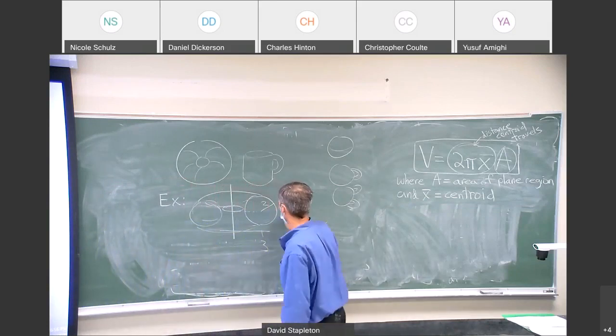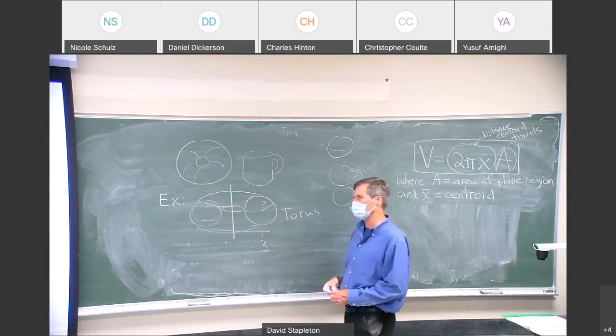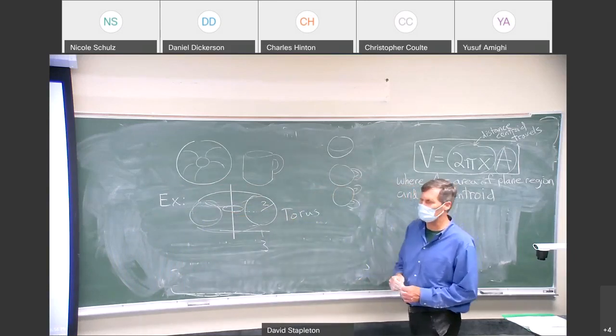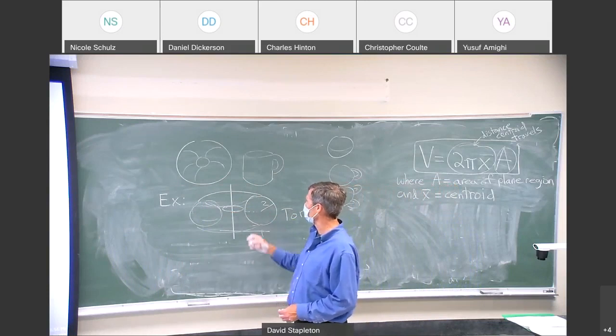Mathematically, we call it a torus. What is the volume of the torus if I take a circle of radius 2 out at x equals 3 and revolve it around?